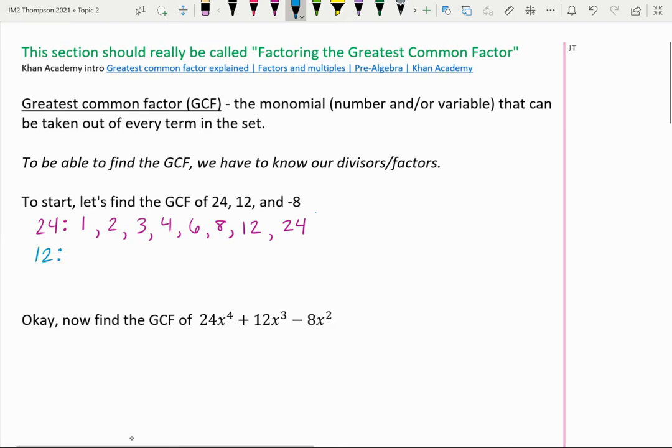So then for 12, all the numbers that go into 12, well, it's similar to 24 because it's half. It's got a lot of the same factors. 1, 2, 3, and 4 all go into 12. 6 goes into 12. 8 does not, but 12 does.